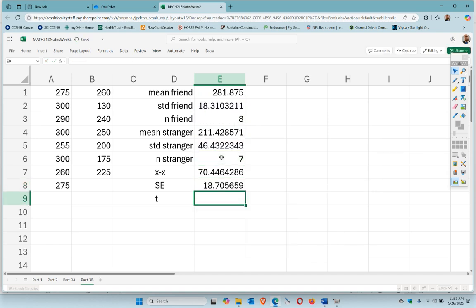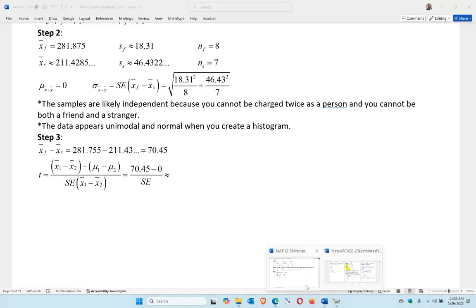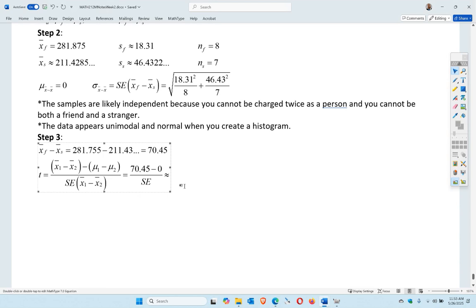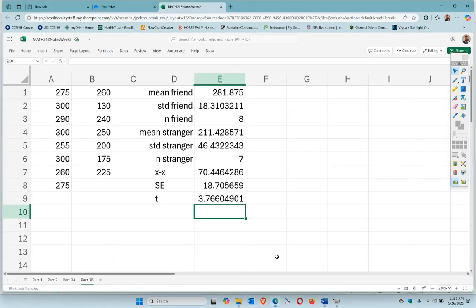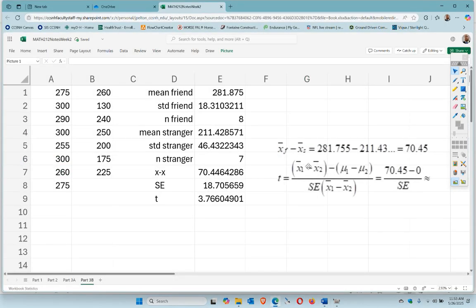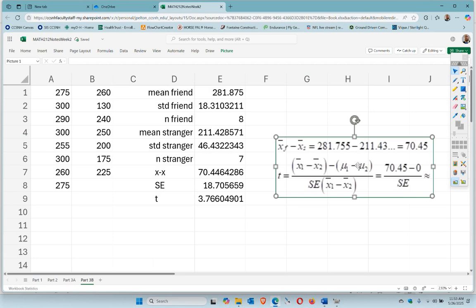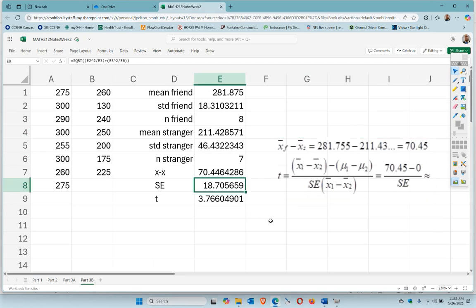All right, there's my standard error, right? And then my t value, well, basically it's going to be this mean minus 0 in the numerator, right? Observed minus expected, divided by the standard error, right? You can paste that in there if you want, right? So essentially that's what we did. Difference in mean, 0, divided by standard error. Standard error is right there. Okay.